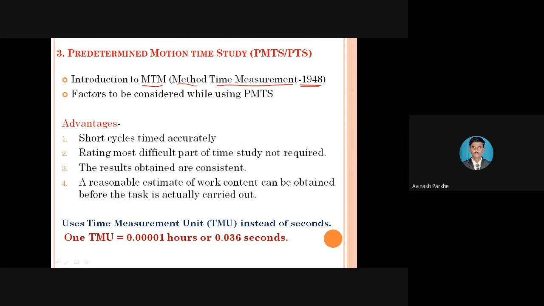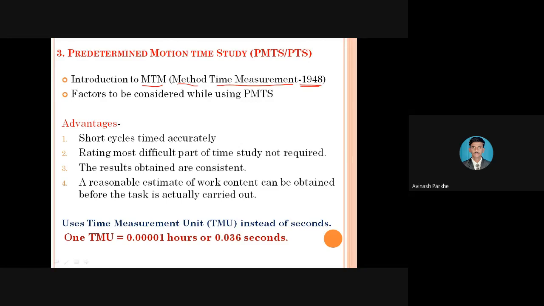So what is the meaning of predetermined motion time study? Before starting your activity, we have to analyze how much time is required to complete that particular task. Like that, we make observations in our day-to-day application. For example, if I have to go to Solapur from Pandharpur, what are we deciding in our mind?